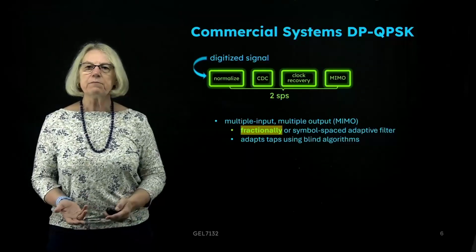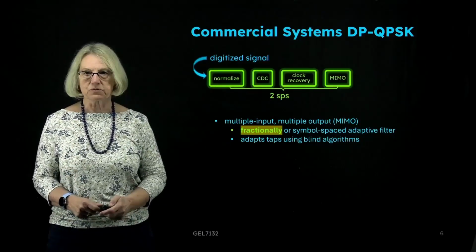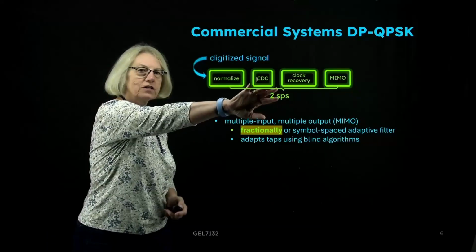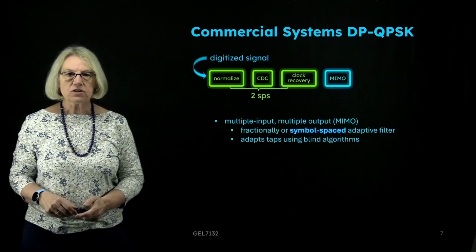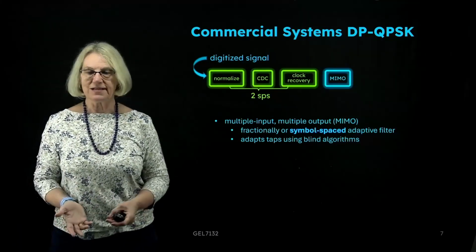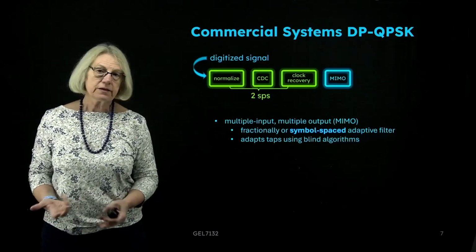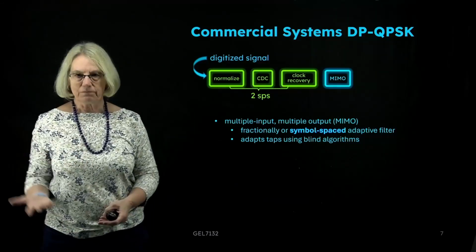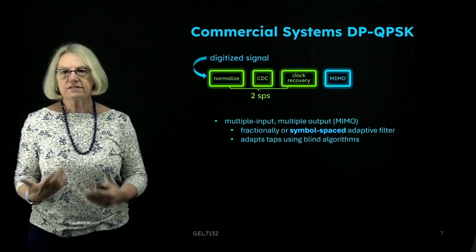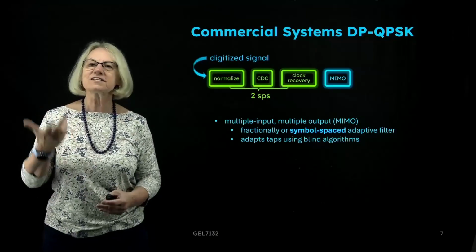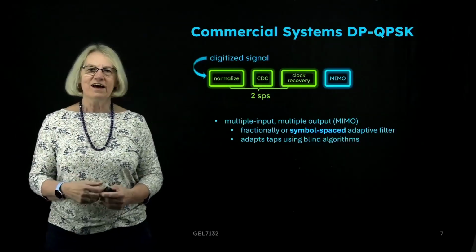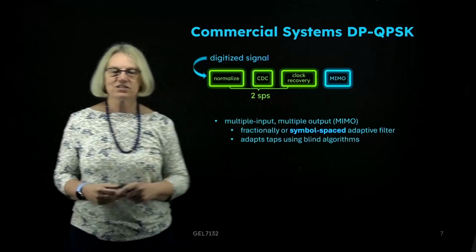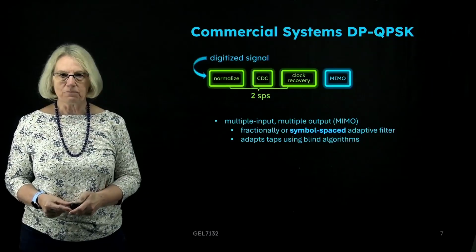But in the case of MIMO, it doesn't have to be at 2 samples per symbol if I have good clock recovery. So I can also do symbol-spaced adaptive filtering. And that's really important if I'm running at very fast baud rates, so that I can more easily, or at less consumption of energy, run my digital signal processing in the MIMO.